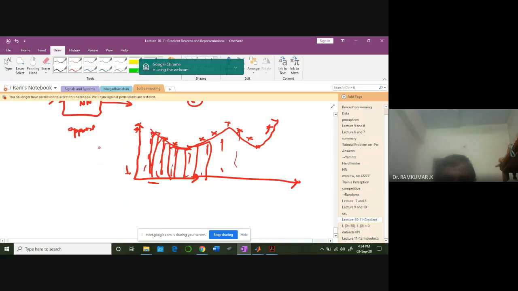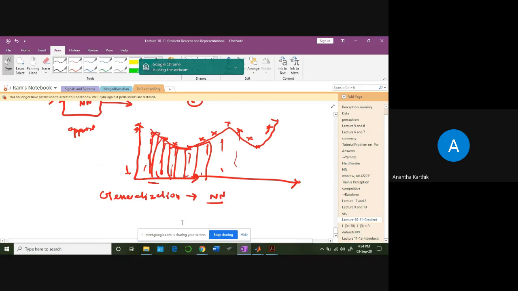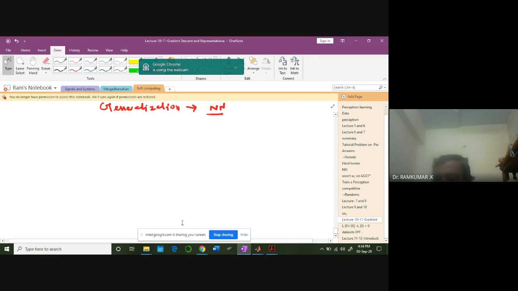See, there is a problem called generalization of this neural network. When you collect data, it's going to come from a particular probabilistic distribution.